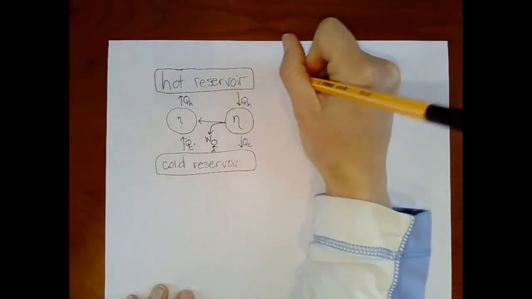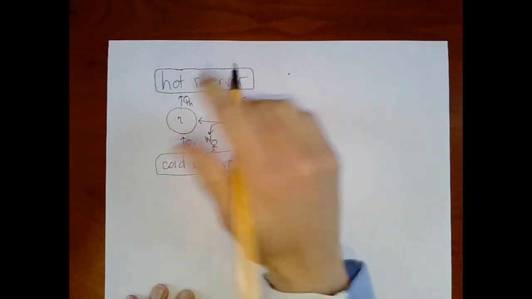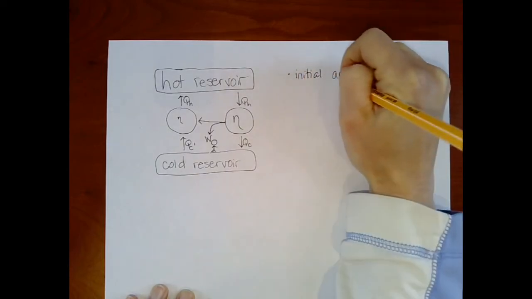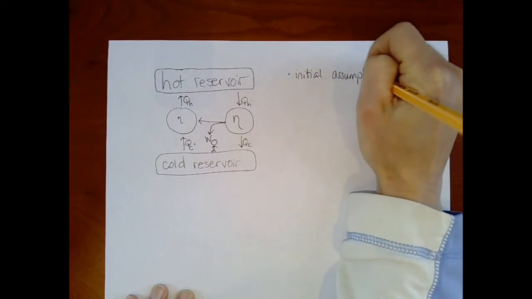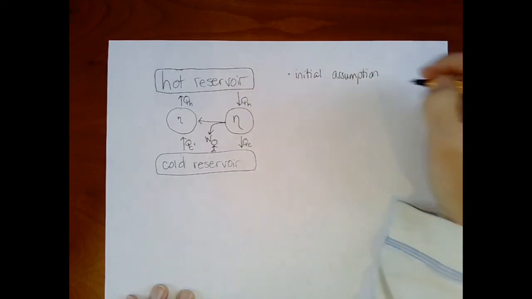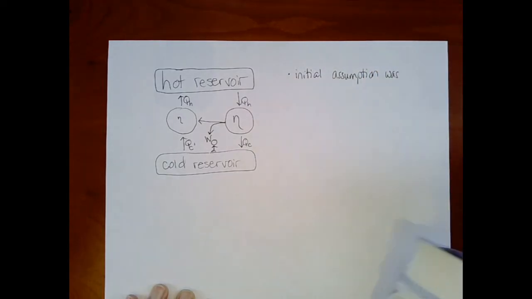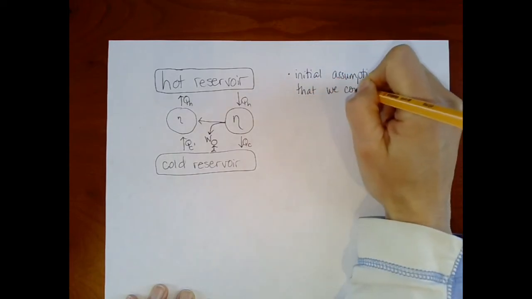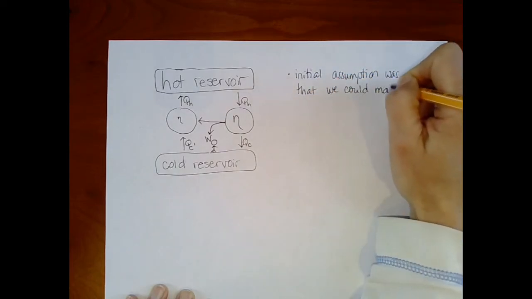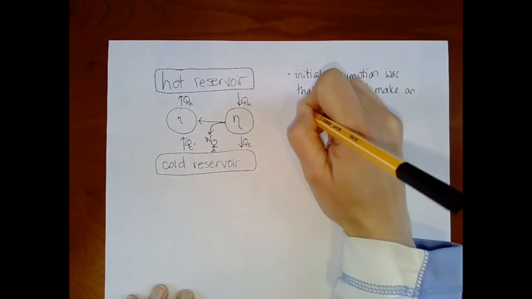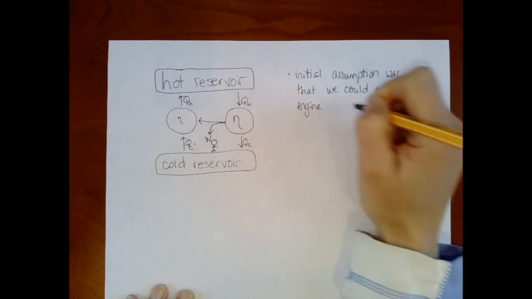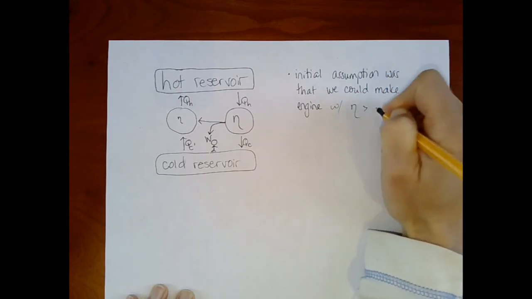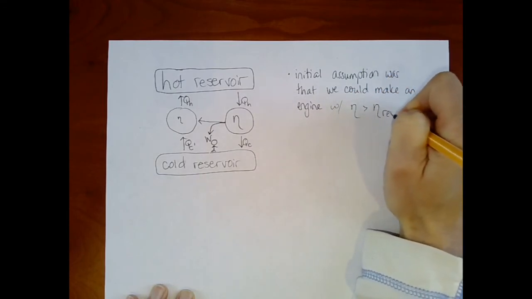So our initial assumption when we set up our device was that we were clever enough that we could make an engine with an efficiency greater than the efficiency of a reversible heat engine.